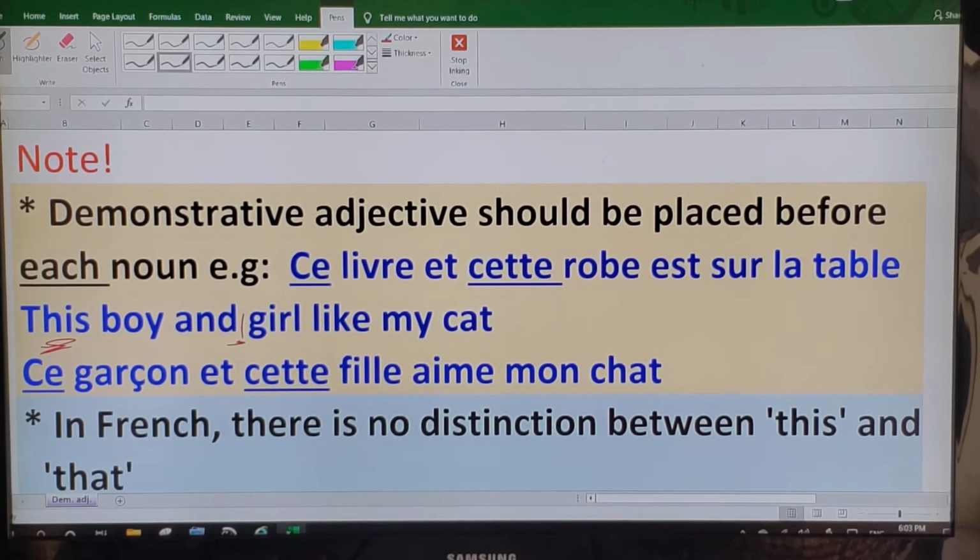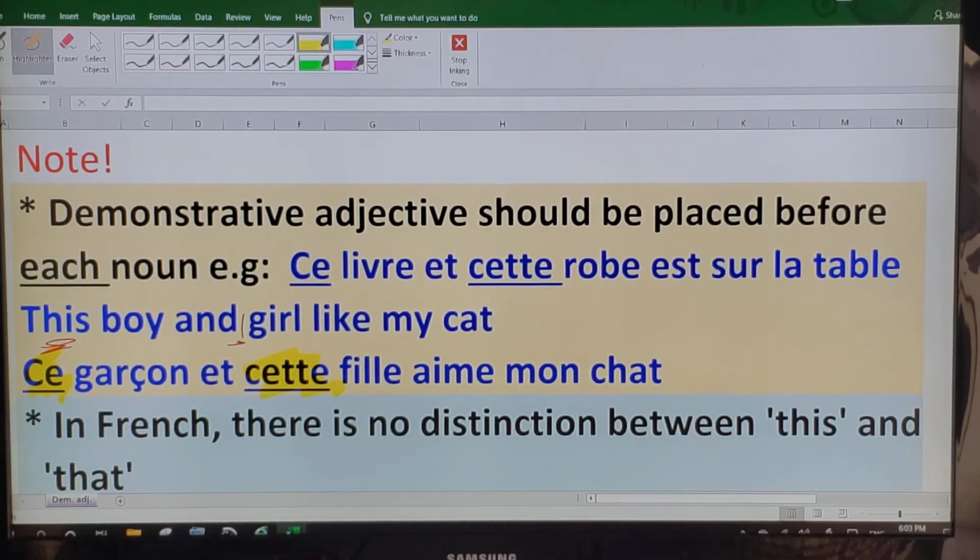But in French, we have to specify the demonstrative adjective. So if I am going to be translating this sentence in French, it's going to be: ce garçon et cette fille aiment mon chat. So we say ce garçon et cette fille, basically emphasizing this boy and this girl.